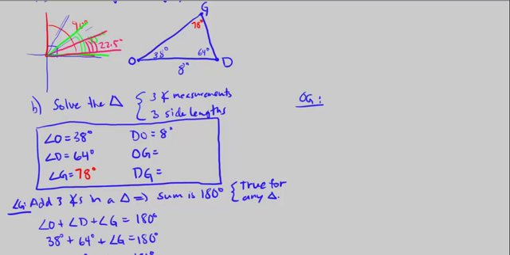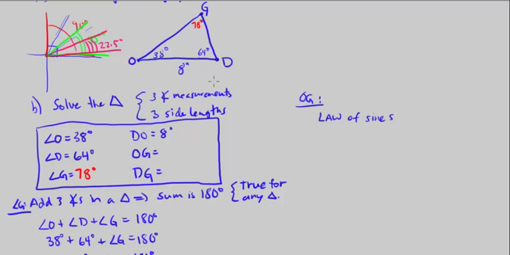So to find side OG, previously we would have to break up this triangle and find another right triangle here and do some work with our trig identities and our trig ratios. But now we have the law of sines. So let's use the law of sines.